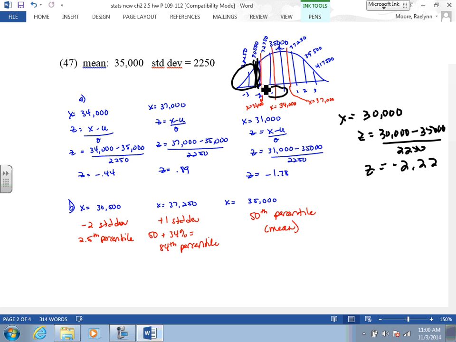Remember, percentiles stay to the left of you, because your percentiles go from 0 to 100. At 37,250, that's at the 1, 1 standard deviation above the mean. So it already went through 50% of your chart, and another 34%. So about the 84th percentile. Yes?